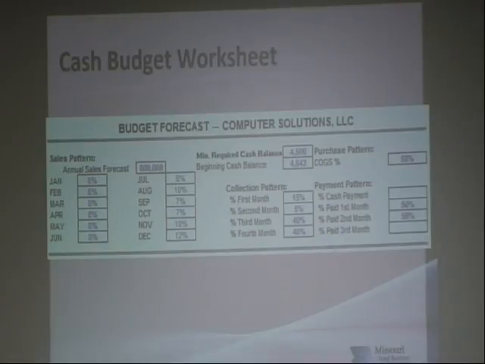That is just a number that we use when we're doing a cash budget. It's the amount we want to maintain in our checking account. It's a comfort check level. Some people say you need 3 months of operating expenses, or you need X amount of money.